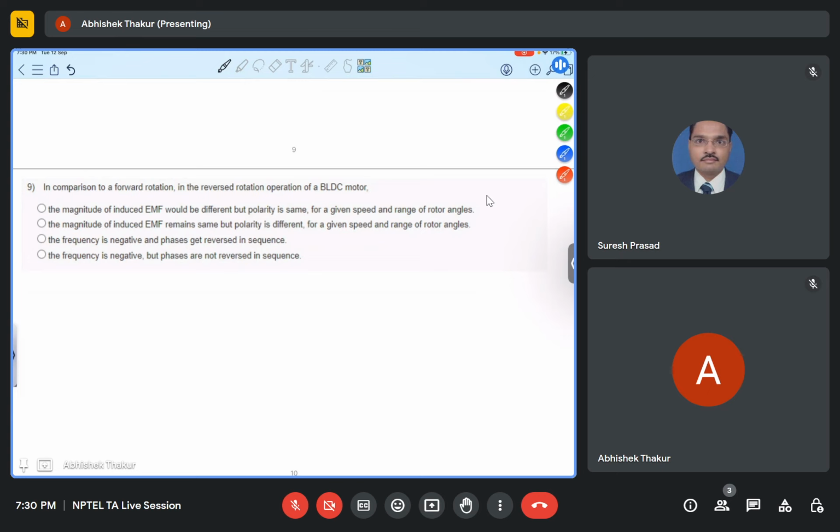So the correct option is: the magnitude of an induced EMF remains the same, but the polarity is different for a given speed and range of rotor angles.